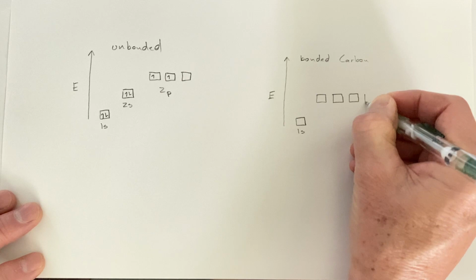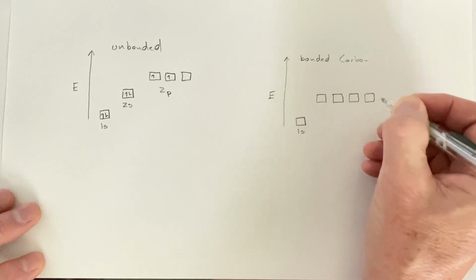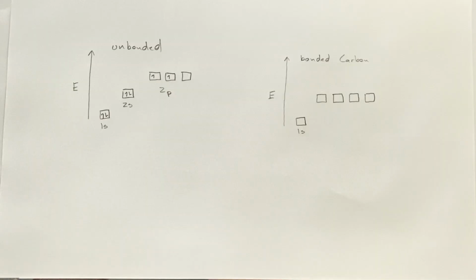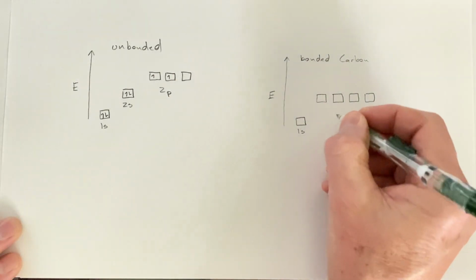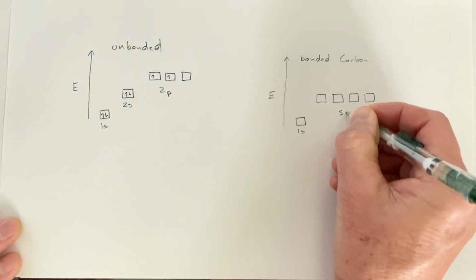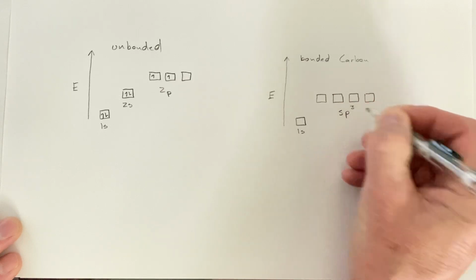This gives me 4 orbitals of the same energy level. When we have orbitals at the same energy level, these orbitals are called degenerate, meaning that they have the same energy. So I have 4 degenerate orbitals.